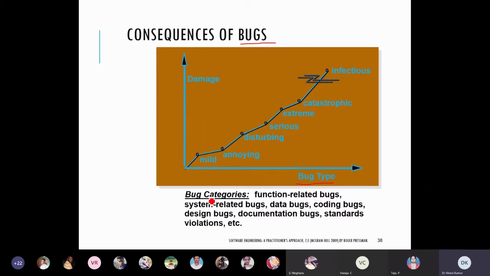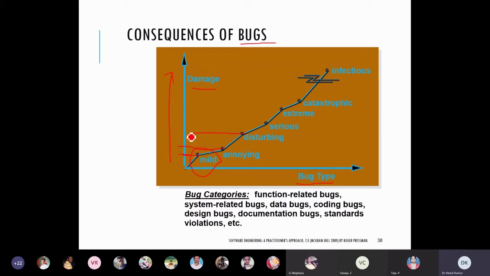Here we are taking different types of bugs, and on the y-axis we are taking how much damage will be done. If the bug is mild, meaning very nominal, then the damage is very little. If it is annoying, then the damage will be more.